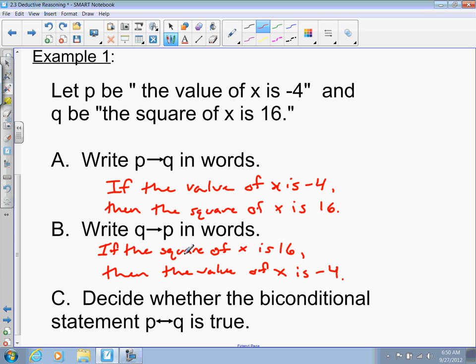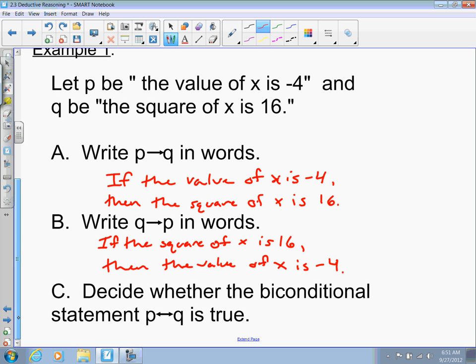So the conditional statement was true. How about the converse? Is the converse true? If the square of x is 16, then the value of x is -4. Hopefully you're saying, well, what about positive 4? If the square of x is 16, there could be two values that, when you squared them, gave you 16. So this would not necessarily be true. There's a counterexample: x could have been 4, that means the statement is false.